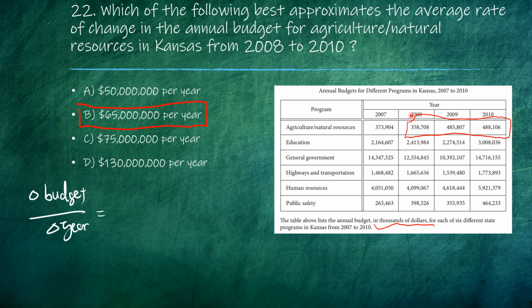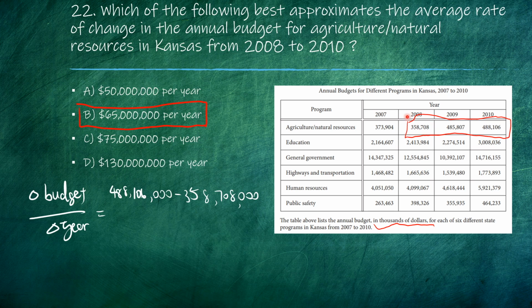Because here we have 3 different years of data, and the changes went from this number to this number. So we could put 488106, and remember each number in the table is in thousands of dollars, so remember to put the thousand back in. That's why it's very, very important that you pay attention to the small font on the bottom.